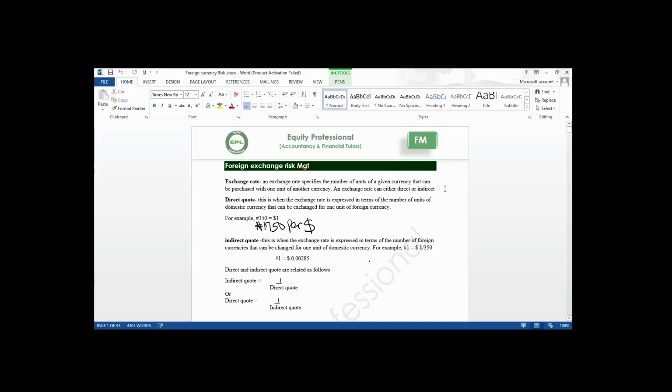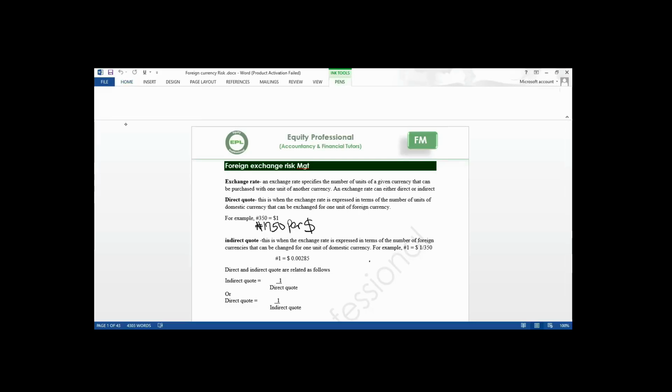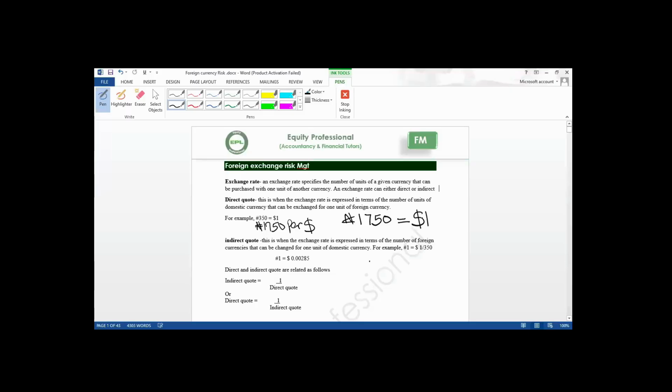Please look at this. 1,750 naira is equal to $1. This is direct quote. Naira is our local currency.